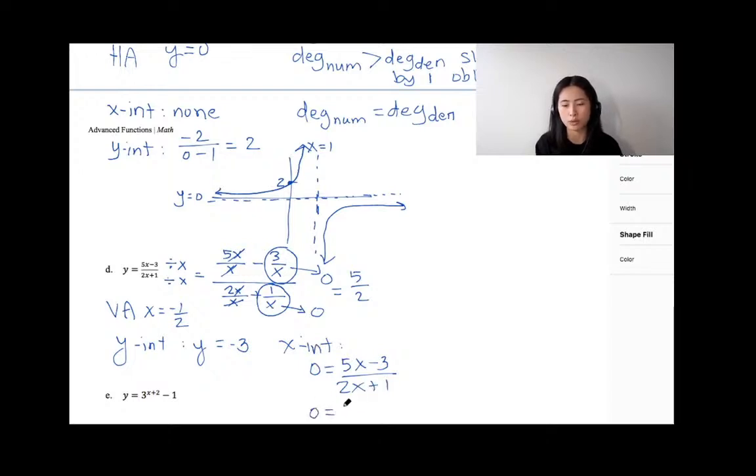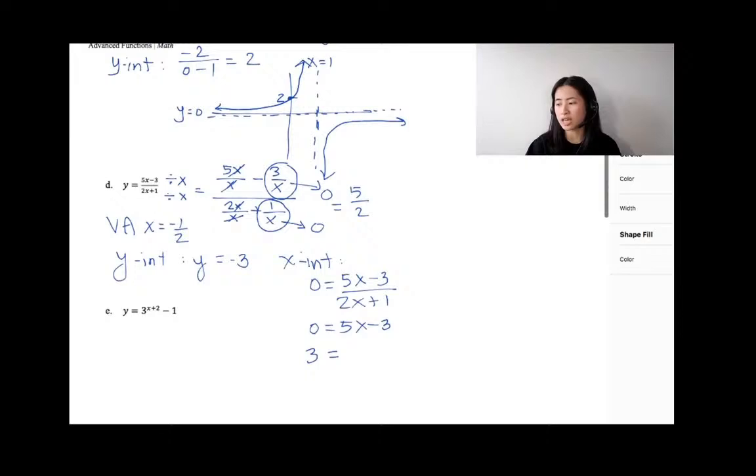Therefore, you're going to have 0 is equal to 5x minus 3. And then you're going to solve for x, right? So moving 3 to the opposite side of the equation, you're going to get 3 is equal to 5x. Does that make sense, guys? And you're dividing this by 5, right? So x is equal to 3 over 5. Cool. Okay, so we know that our x-intercept is 3 over 5.